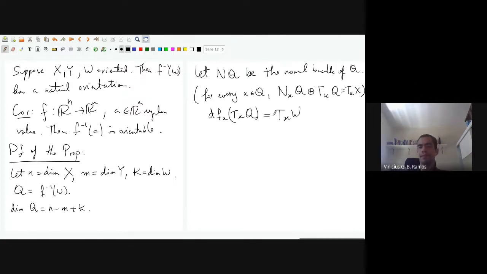Okay, so now my claim is that when you look at df restricted to the normal bundle, this is injective.